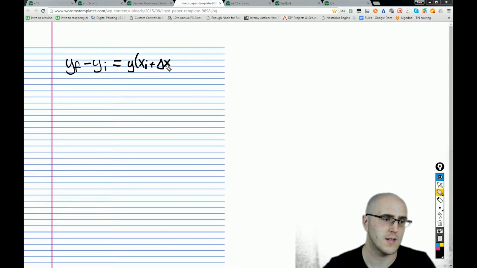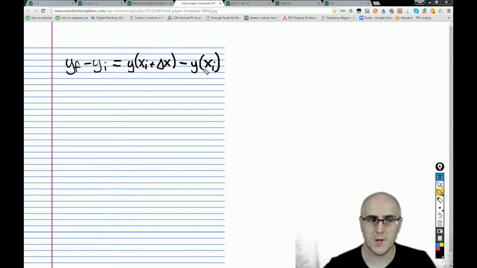I'm going to use the symbol delta here, which implies change in mathematics, minus y of just x initial. So we evaluate our y function at an initial x value, and at an initial x value plus some change, and we subtract the two to get the difference in y, which is just what's right here.